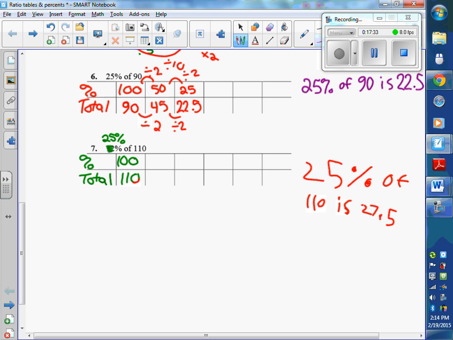What I did was I divided it by 2 to get 50 and then 55. And then I divided it by 2 again and got 25 right here and then 27.5 right there. Good. Nice job, you guys.